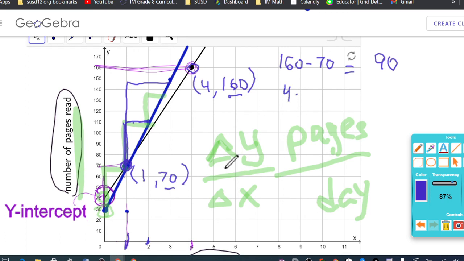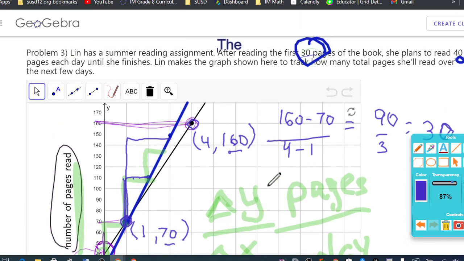So 4 minus 1 is the difference in x, and that's equal to 3. Okay, look at Lynn's line. 90 divided by 3 is 30. The slope is 30. That means she would only be reading 30 pages a day. But remember, her plan was to read 40 pages a day. I think she's got these two numbers backwards.